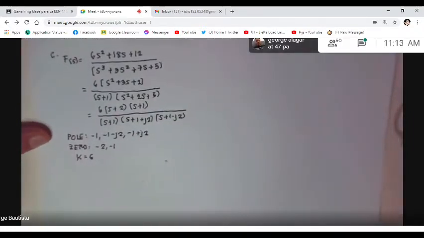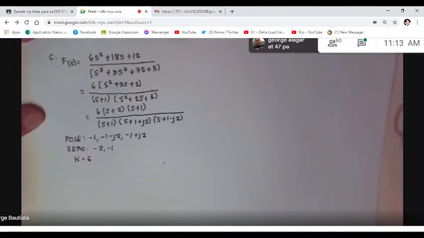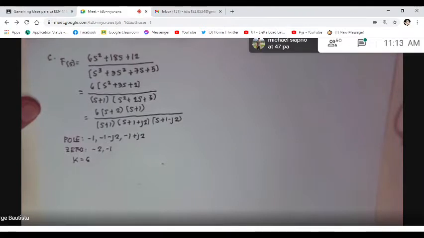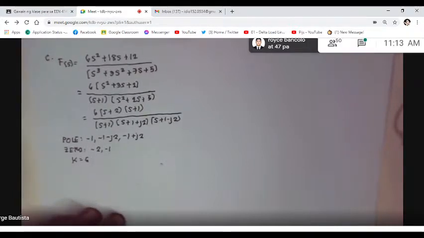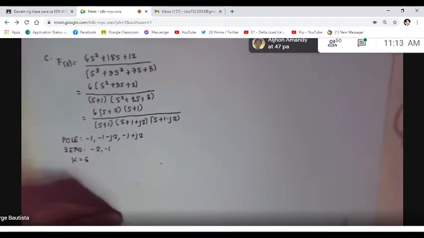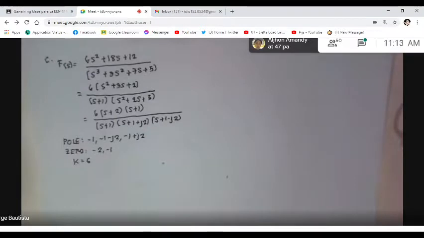Okay, may tanong pa doon na hindi natin nasagot kanina. Okay, find the transfer function if your S is equal to 1. Yan.